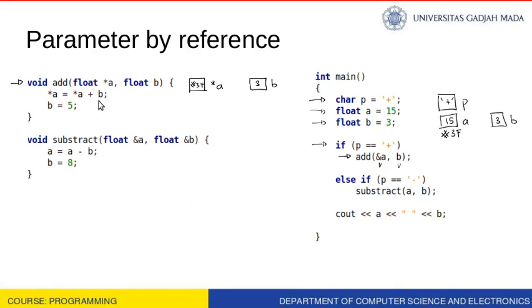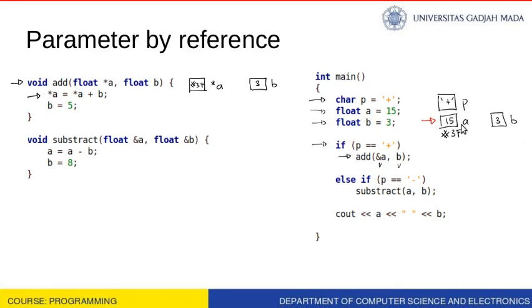Okay, now what we have here for the second line, that A is equal to A plus B. So this A, be careful that we have star here, so it is a pointer. It means that this A is this memory allocation.